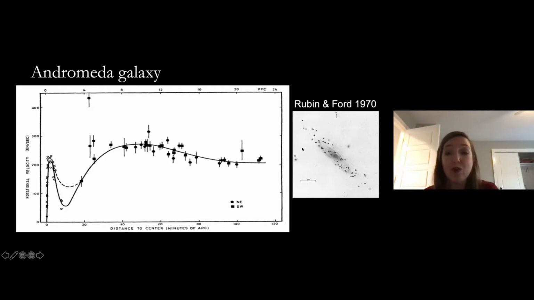Now, if the only mass in this galaxy were the mass of what we see, this curve starting at about here would curve downward like this.